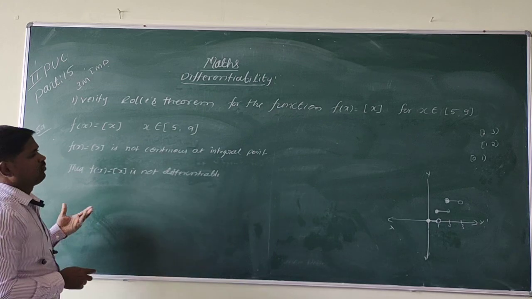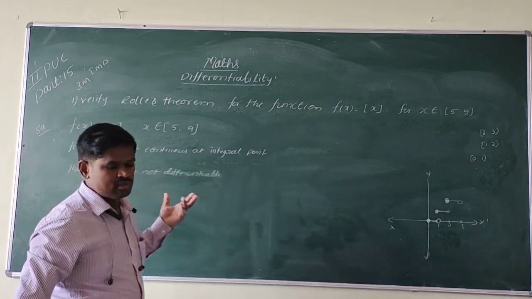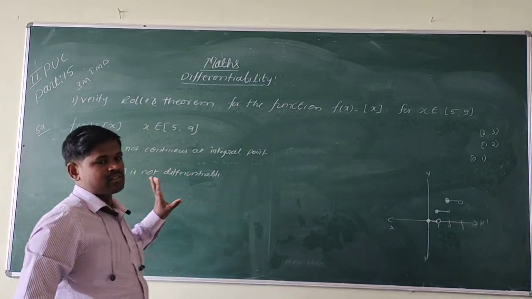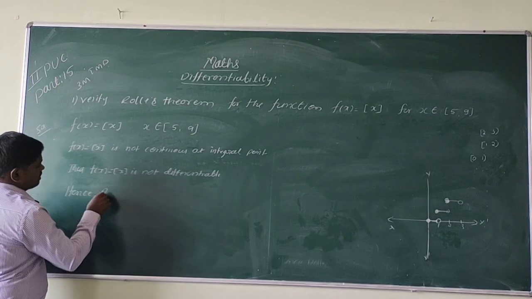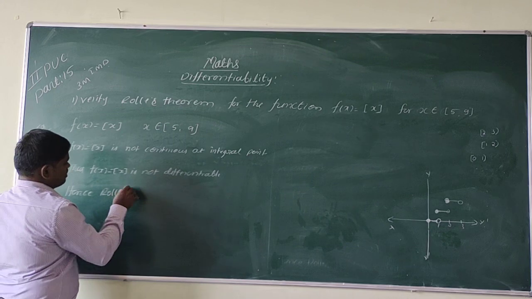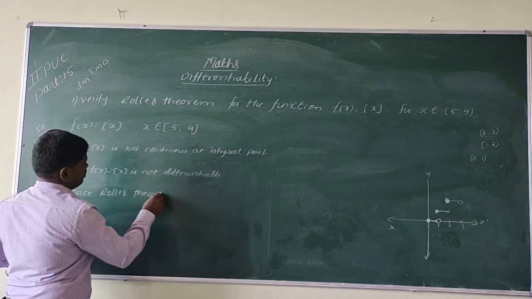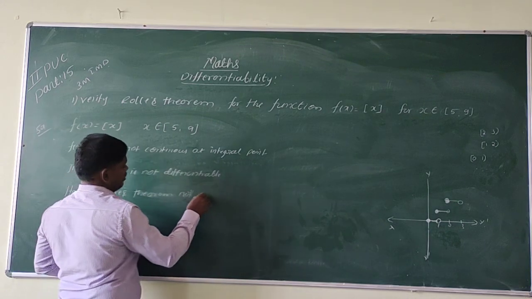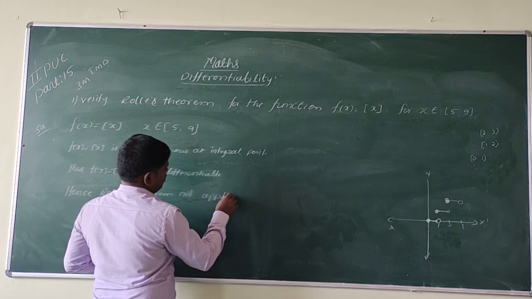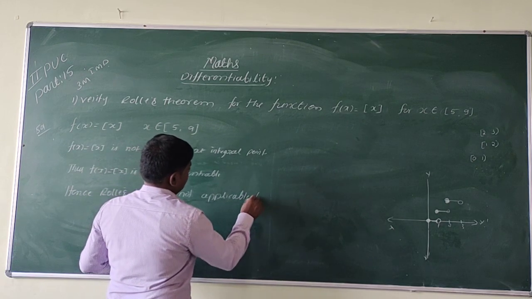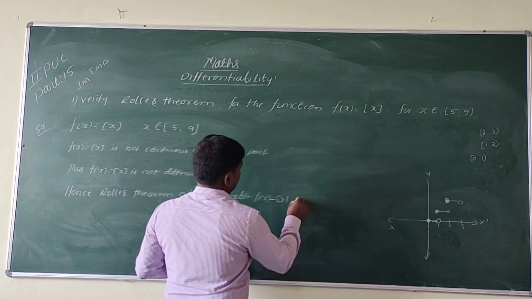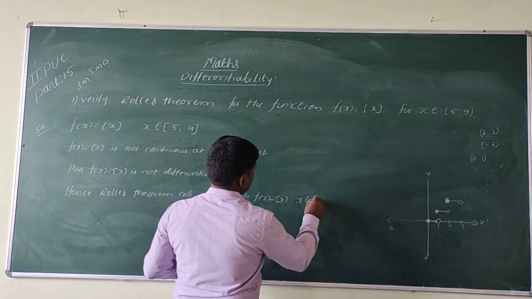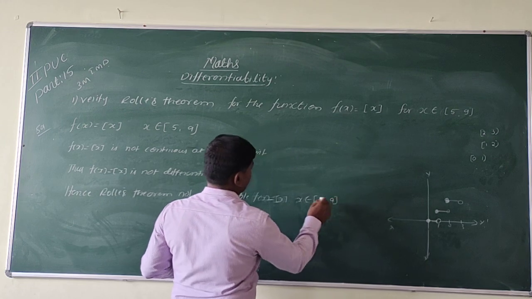Therefore, Rolle's theorem is not applicable for f of x equal to bracket of x in 5 comma 9.